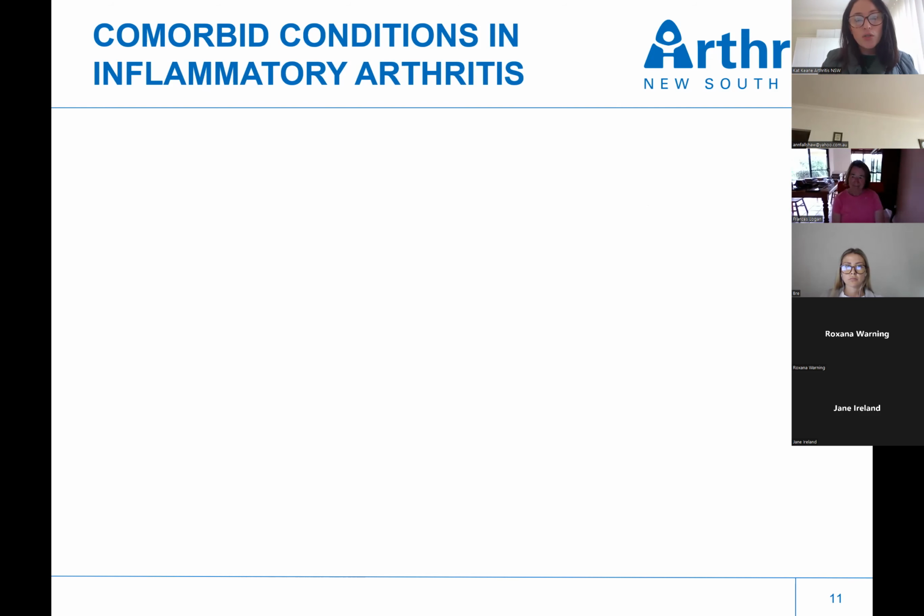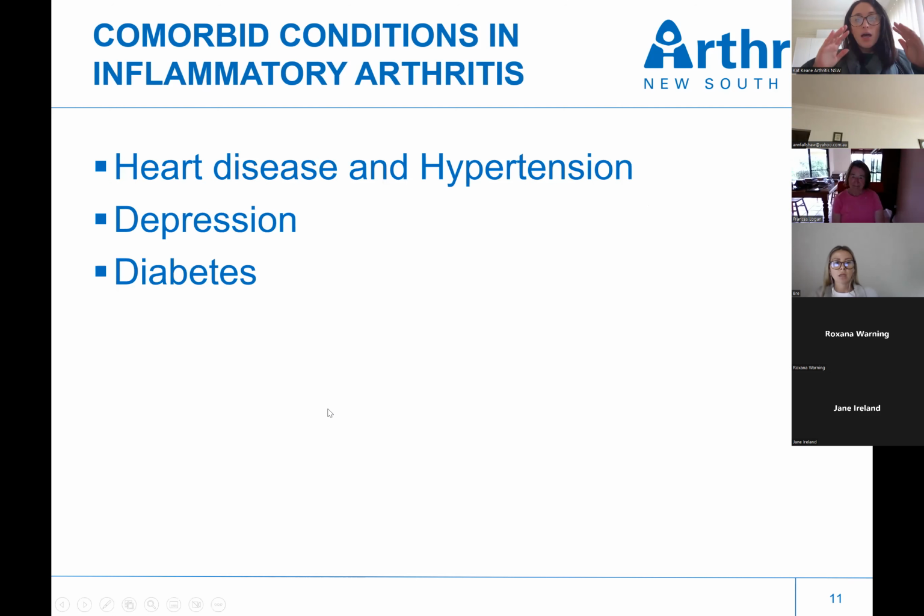Okay, so of course we have the same as osteoarthritis, so heart disease, hypertension, depression, diabetes. Not the same in terms of, it didn't come up nearly as much as osteoarthritis. So in terms of the weight, being overweight or obese, that didn't come up as common for inflammatory types of arthritis as it did for OA.